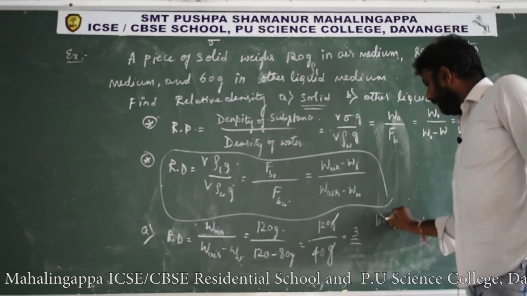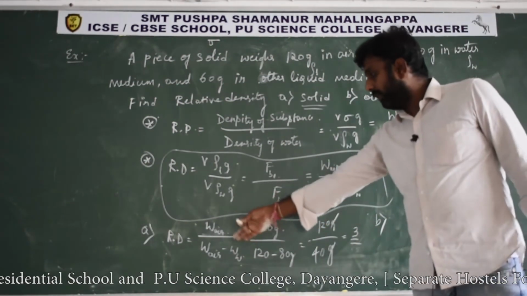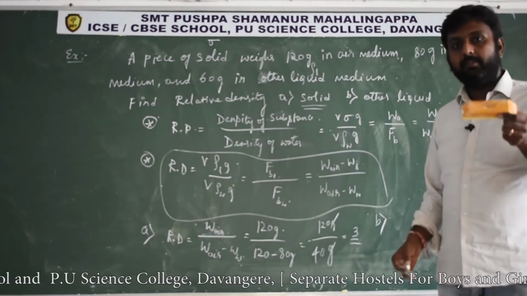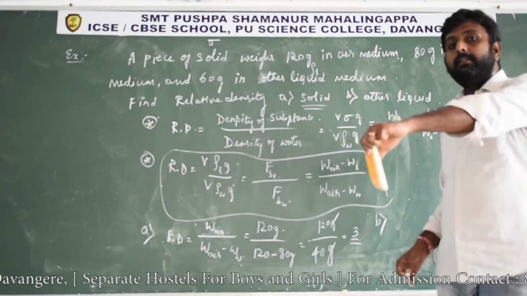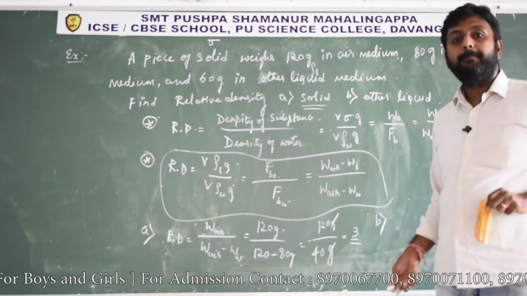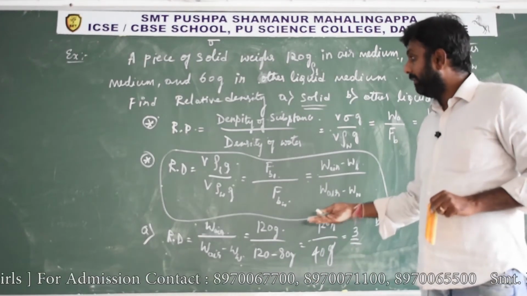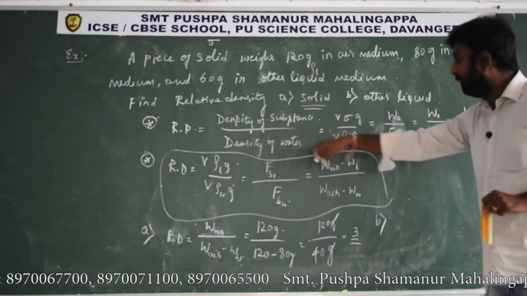And in a similar way, the second answer. In the second answer we cannot use this formula. Why? Because the substance is placed first in water medium, and then in liquid medium. In the second part, to find the relative density of the liquid, which formula do we have to use?